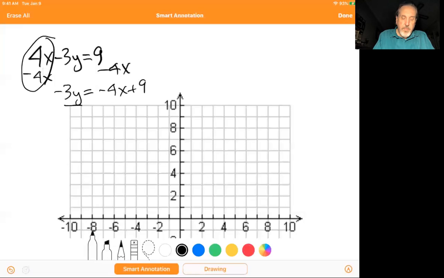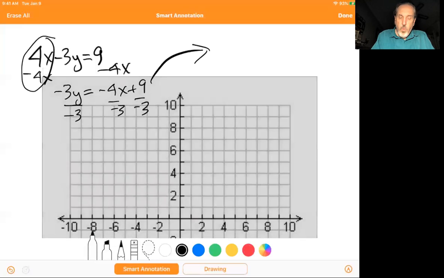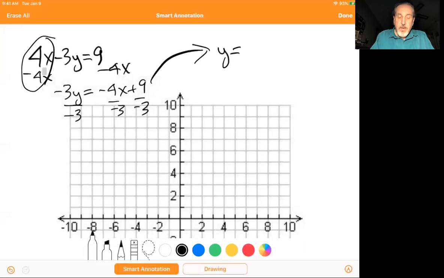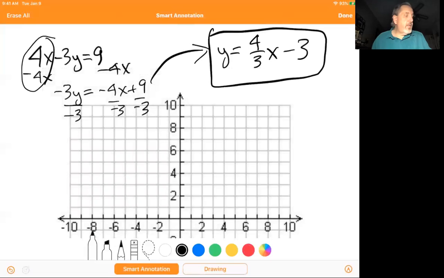Now I'm going to divide both sides by -3. When I do that, I get y equals -4 over -3 is a positive 4/3 x. Positive 9 divided by -3 is -3. Okay, so this is the equation that we're going to graph.